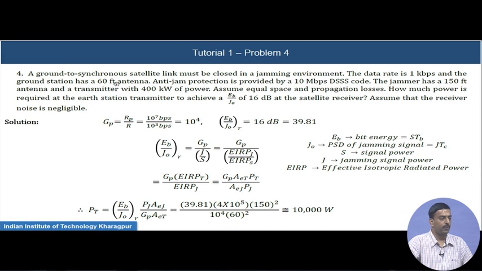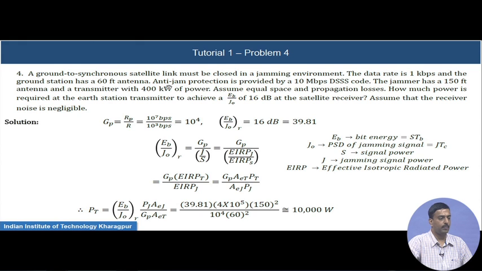In problem number 4, we have a ground to synchronous satellite link which we need to establish in the presence of a jammer, and what we have is a data rate of 1 kilobits per second. Also, the antenna dimension of this particular ground station is specified as 60 feet.